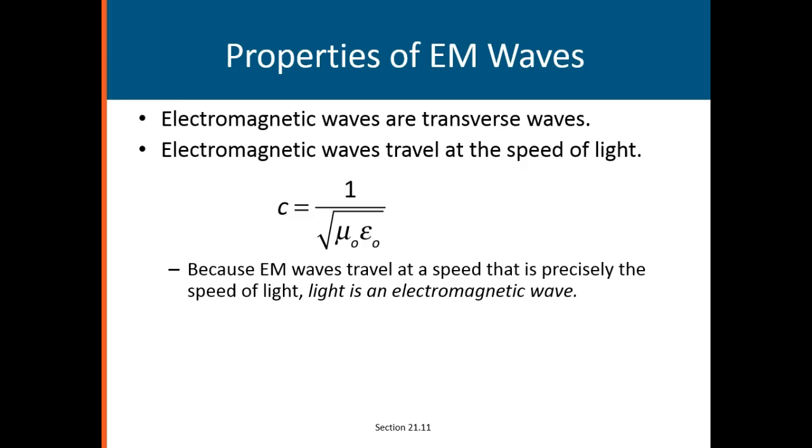The mu naught, the permeability of free space, is 1.26 times 10 to the minus 6. That's Tesla meter per amp. And the permittivity of free space is epsilon naught, and that is 8.85 times 10 to the minus 12th Coulomb squared per Newton meter squared.